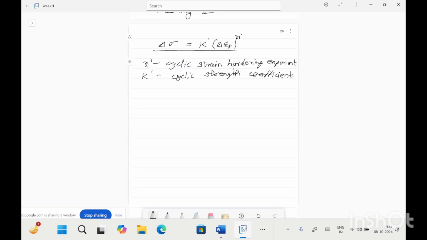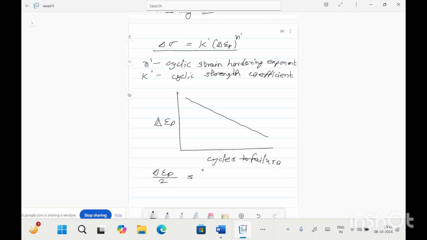When a curve is drawn for the plastic strain range and cycles to failure, a straight line is achieved, and the equation for this straight line can be written as epsilon f dash times 2N to the power c.